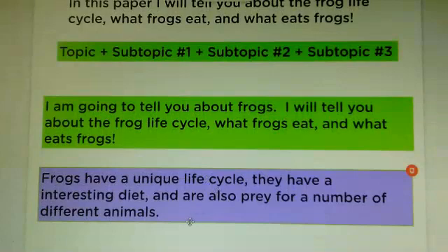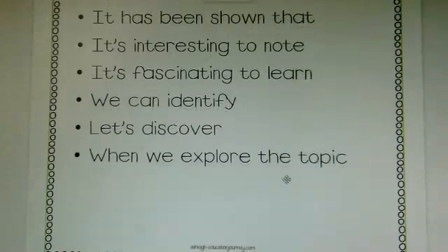They have an interesting diet and are also prey for a number of different animals. So these are sentence starters that you can use to begin your topic or thesis sentence. It's fascinating to learn that frogs have a unique life cycle. And I could go that way.